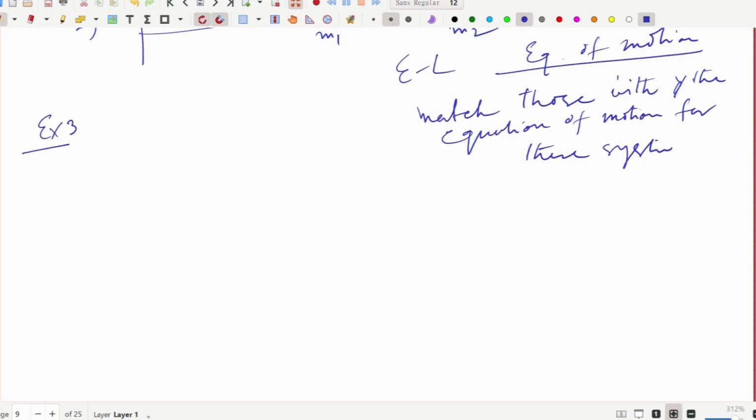Now example 3. Suppose you have a simple pendulum. Again we come back to the pendulum problem.